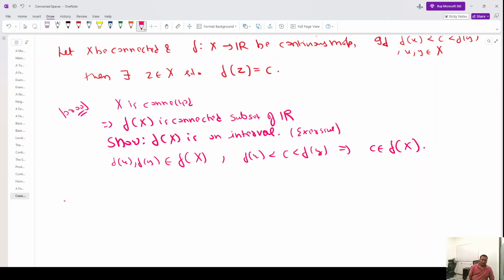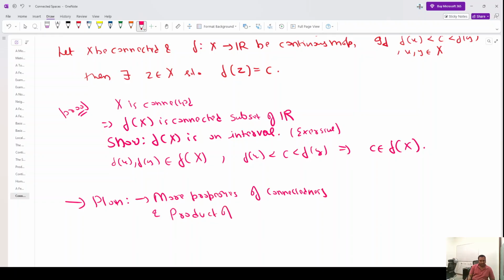So plan is for the next video, more properties of connectedness and product of connected spaces is connected.